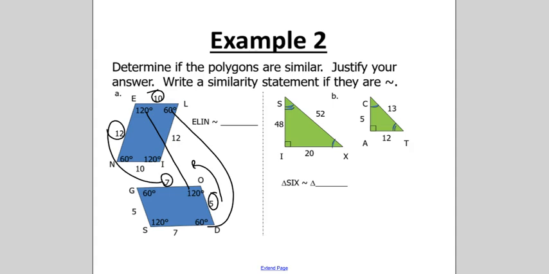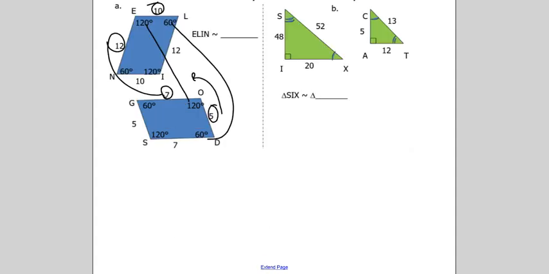So let's think about that. Is 5 over 10 the same as 7 over 12? And clearly you can tell, no. Because this would have to be a 6 over 12 instead of a 7. So if these sides here were 6, we would have proportional similar shapes. But we don't, because the sides are not proportional, even though the angles are the same.